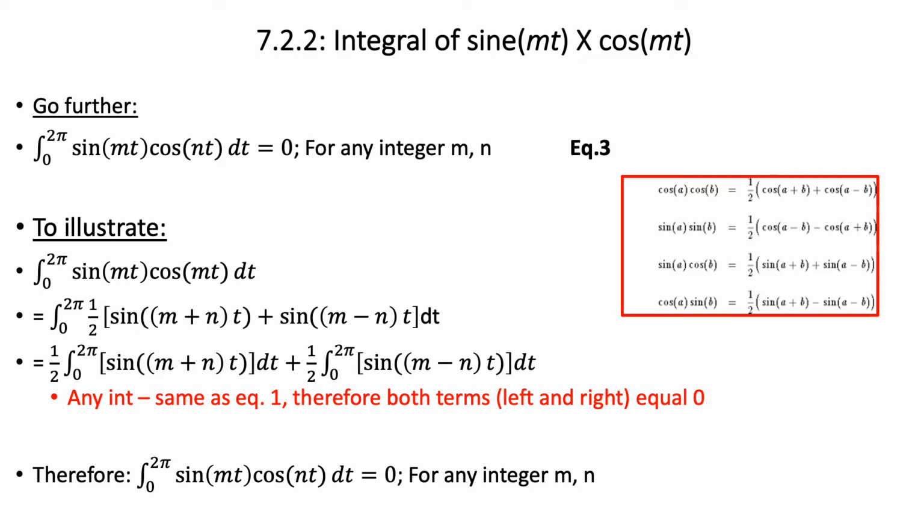So our equation will be the integration of half of sin (m plus n)t plus sin (m minus n)t dt for a period of 0 to 2 pi. If we recall, for any integer, this equation is the same as in equation 1. Therefore, both terms, left and right, will give us 0.